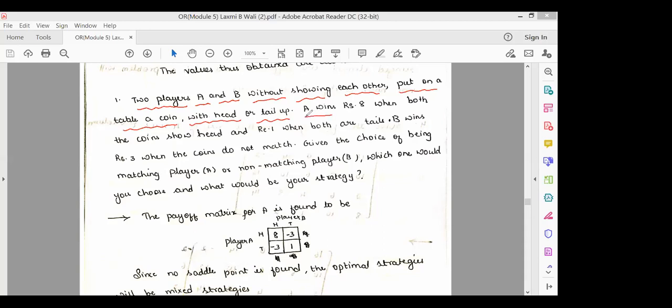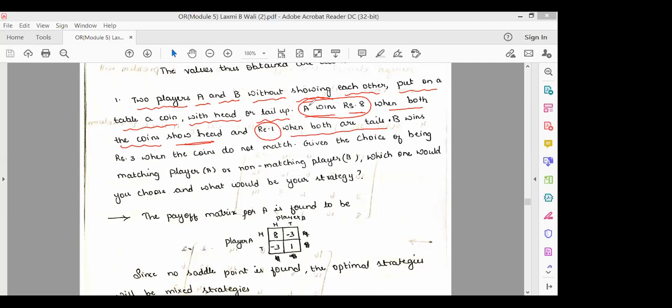So here A wins ₹8 when both the coins show head. When both the players are throwing the coin, if both get head, then A is going to win ₹8. And ₹1 when both are tails.